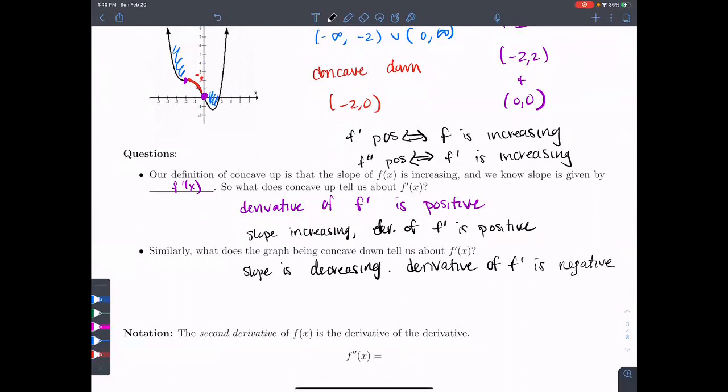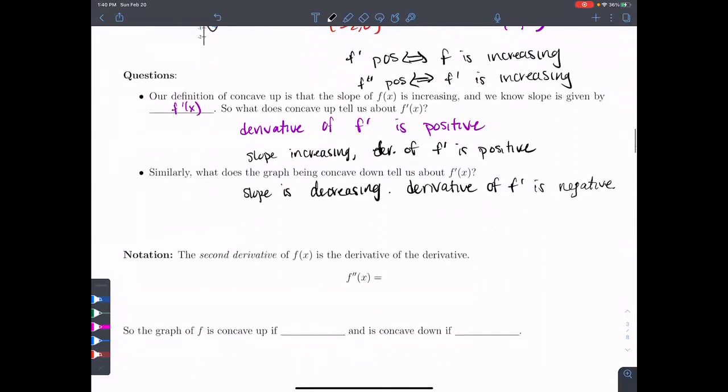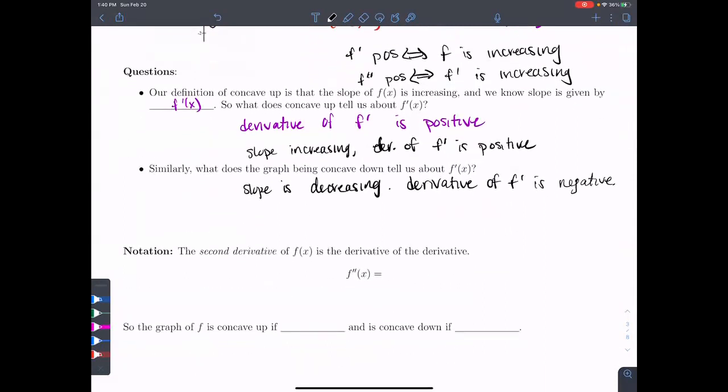Okay. The second derivative is often going to use this notation, those two tick marks for two derivatives. You might see d by dx of f prime of x, or this is my least favorite, but people do this, d2f, the second derivative of f with respect to x twice.